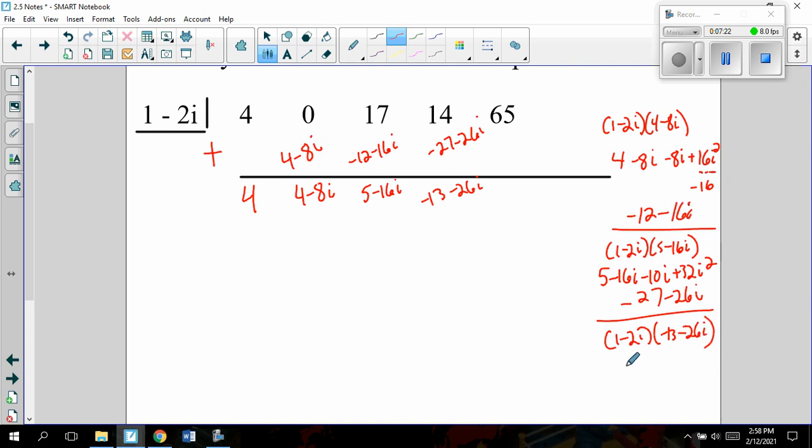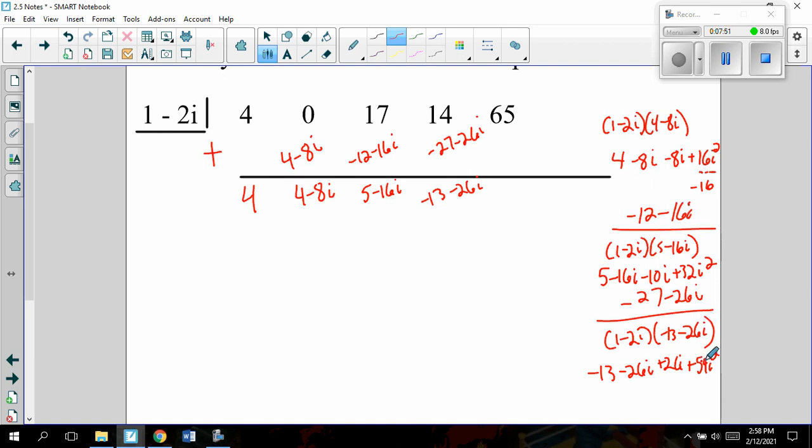So let's pause the video and try that again. All right, so when you do this, you should get negative 13 minus 26i. I would get plus 26i, and then I would have plus, let's see, 54i squared.